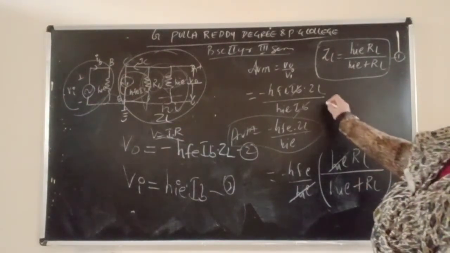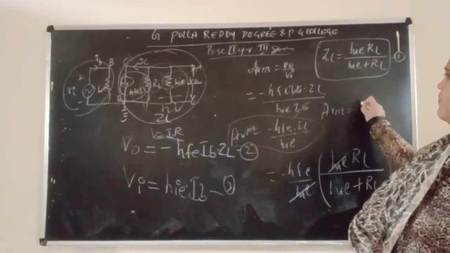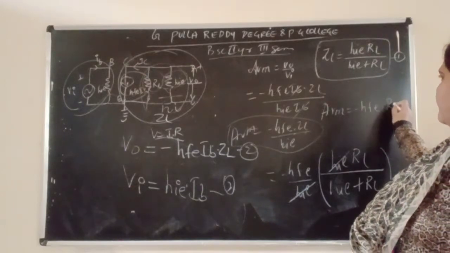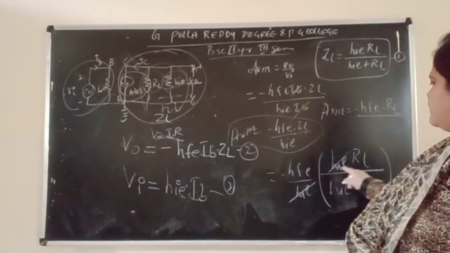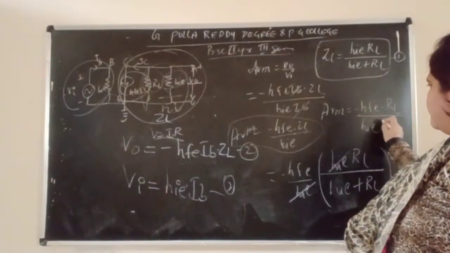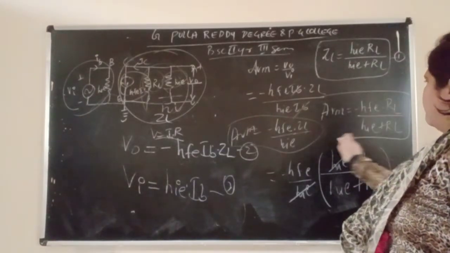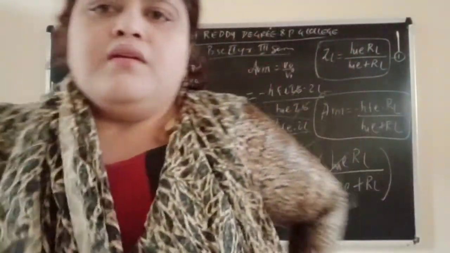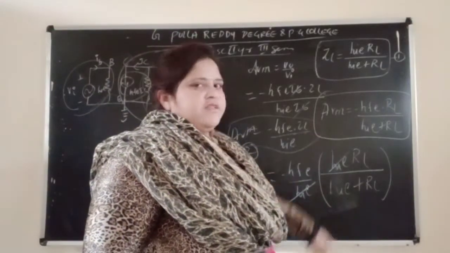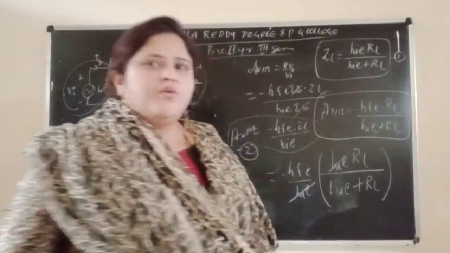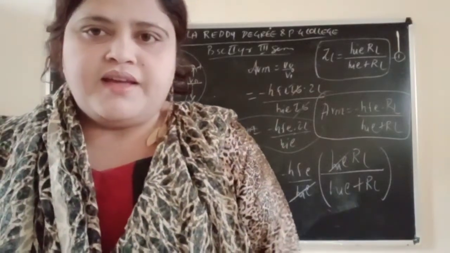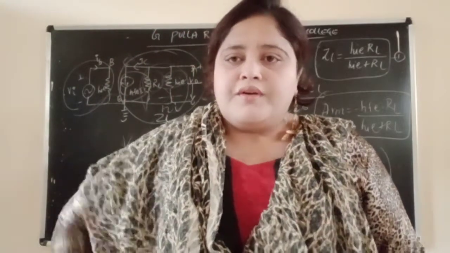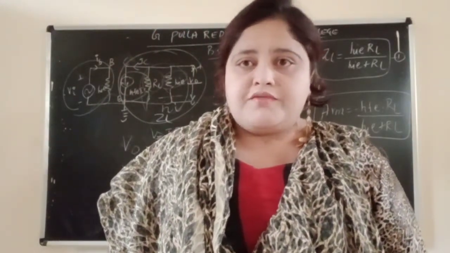AVM is equal to minus HFE into RL by HIE plus RL. This is the final voltage gain in the mid frequency range. By this we have completed the analysis of voltage gain in the mid frequency range.